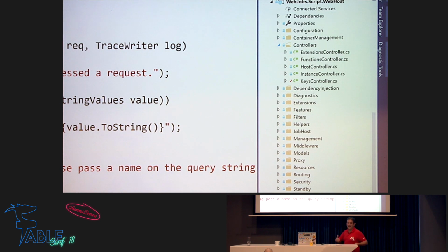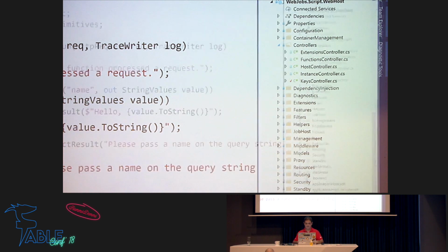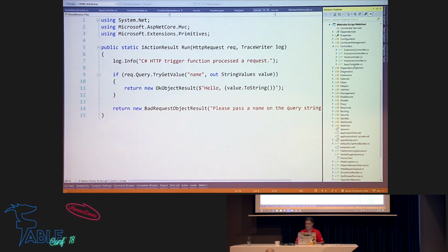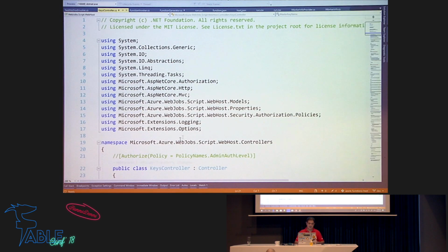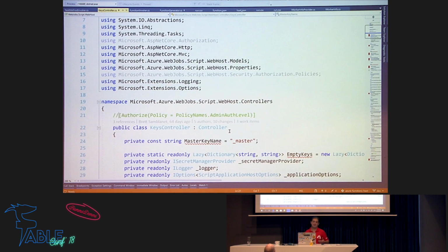This also means that I can call these endpoints, even in Azure. Let's look into the key controller. So what I changed is I took out the authorization part, because I'm running on my local machine, right? I don't care about authorization. It's my own thing. So I took out the authorization part so I can call this controller.